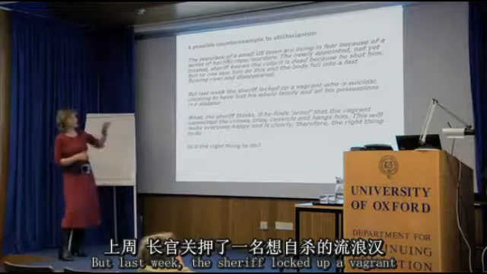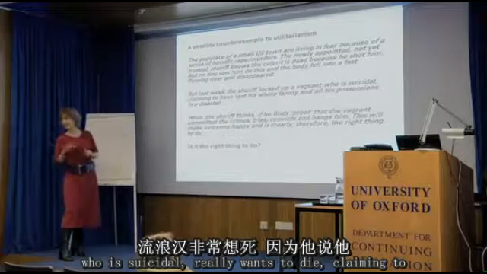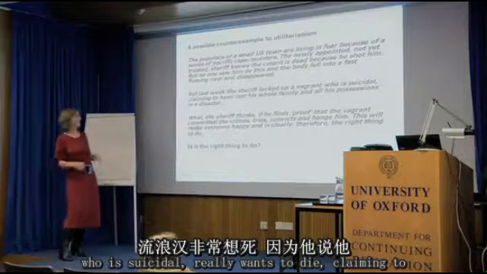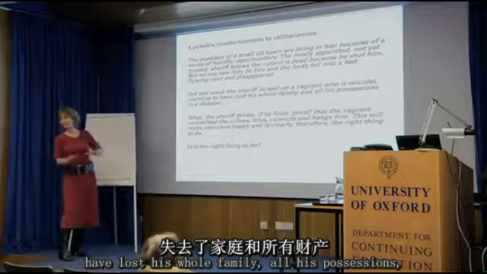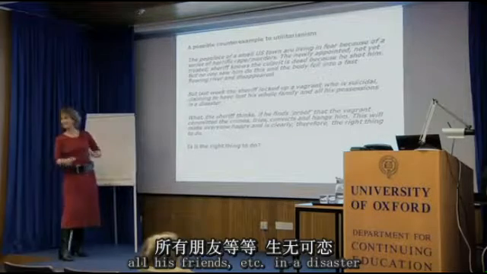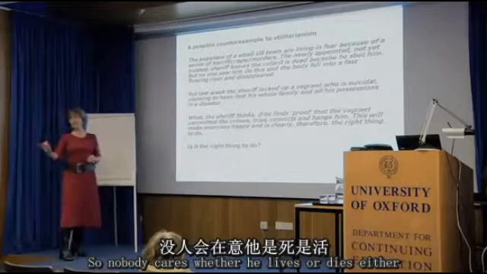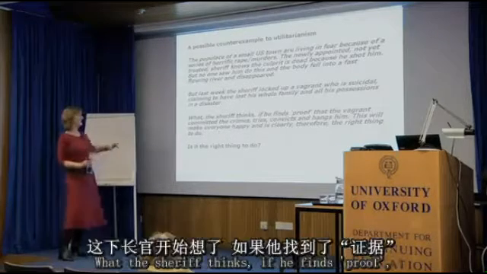But last week, the sheriff locked up a vagrant who is suicidal, really wants to die, claiming to have lost his whole family, all his possessions, all his friends, etc., in a disaster, so nobody cares whether he lives or dies either.